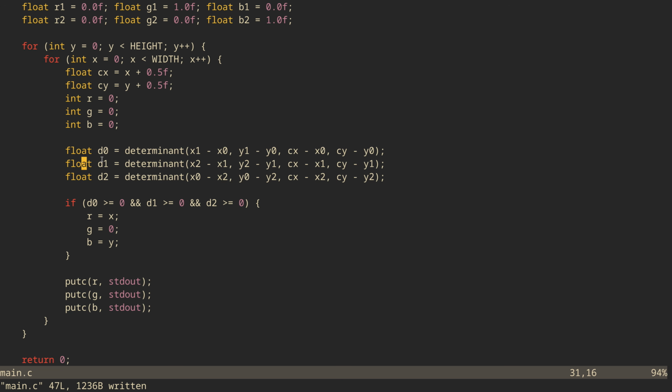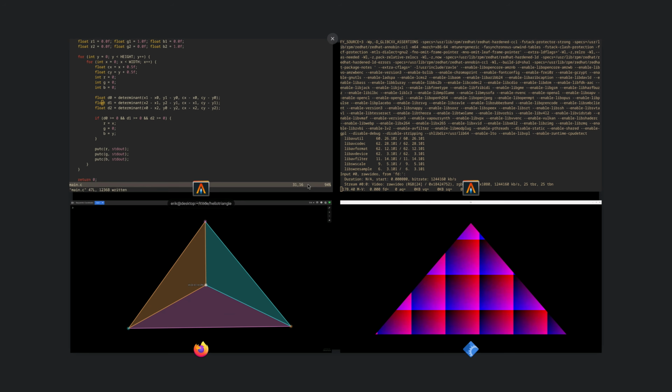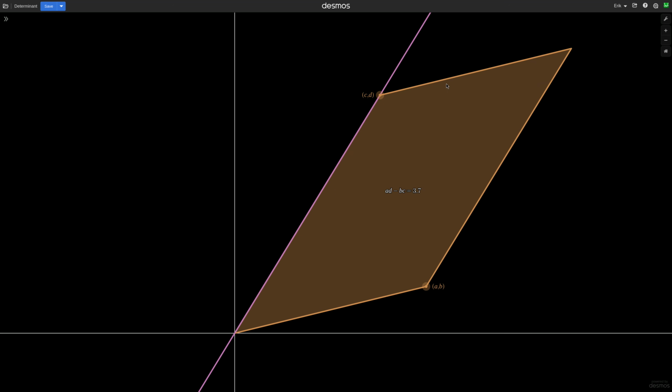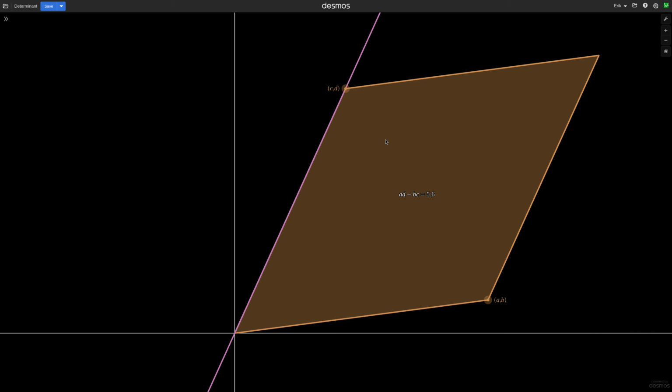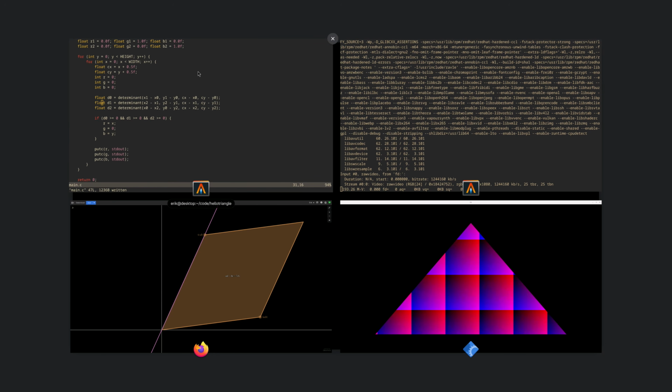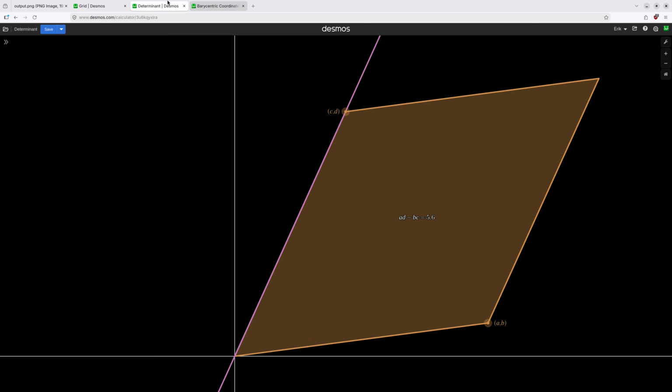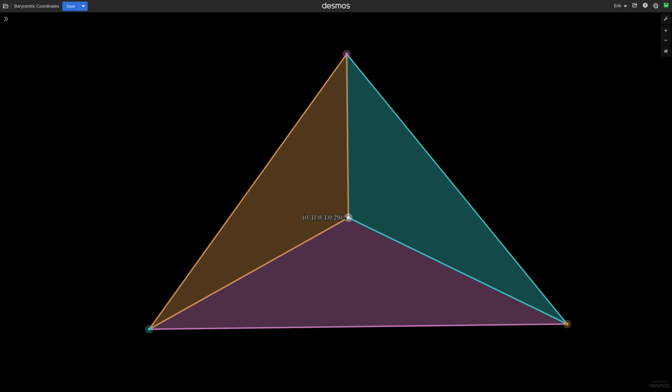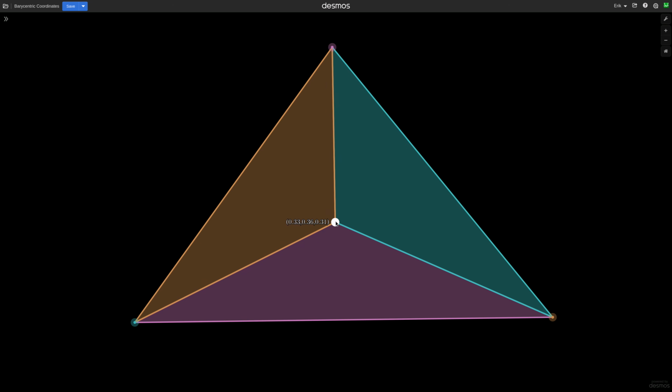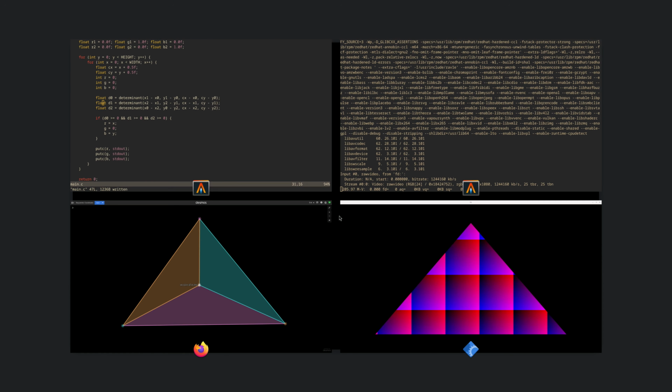To be precise, these are actually double the area because the determinant calculates the area of a parallelogram, but that's double the area of the triangle if we imagine an edge across here. The determinant is just double that, and if we're taking the ratio between two areas, that 2 will cancel out, so we don't need to actually take the areas of the triangles, we just take the areas of the parallelograms.